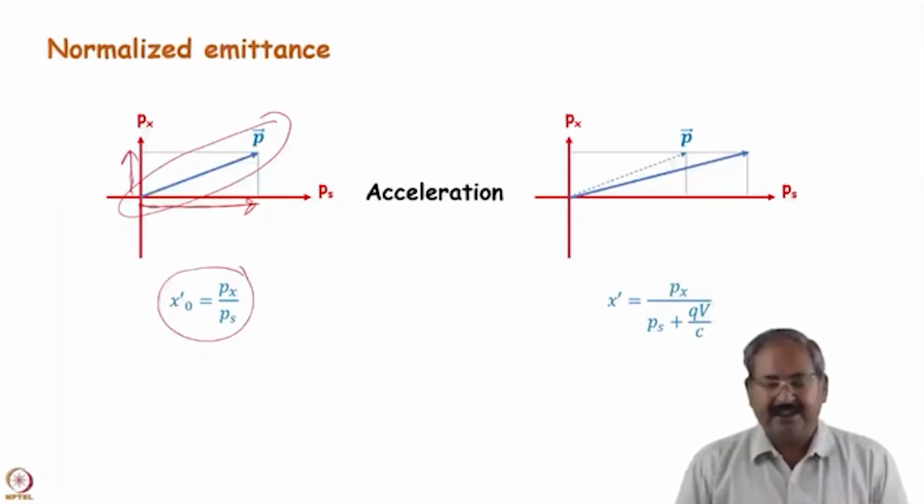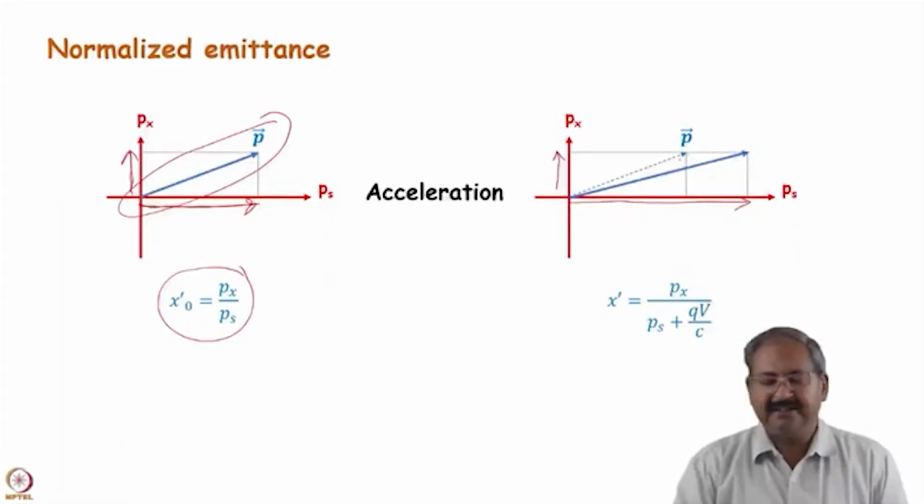Now the electric field in the RF cavity is always in the direction of the orbit or path, meaning it increases the momentum in the direction of the propagating beam, meaning Ps. So the Ps component has increased while Px remains the same.